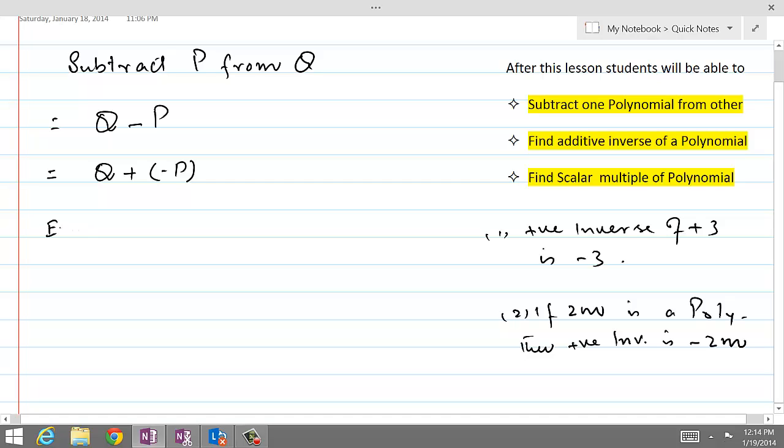Example. If p is equal to 2x squared plus 1 and q is equal to x squared minus 1, find p minus q.